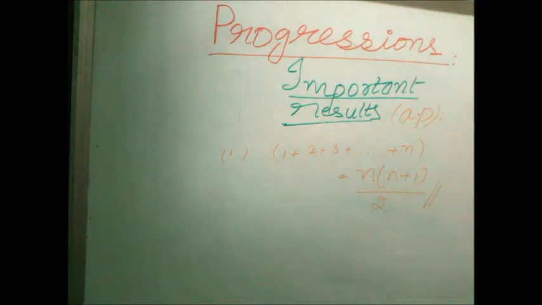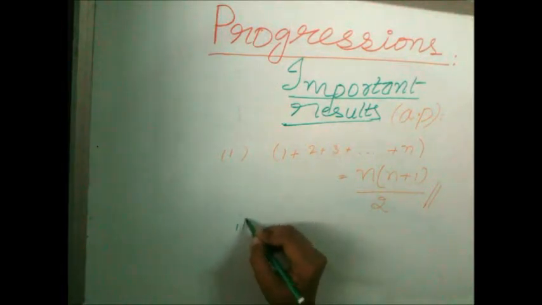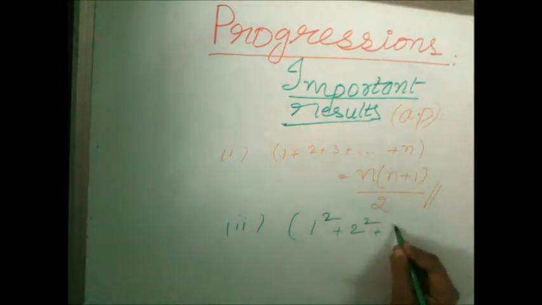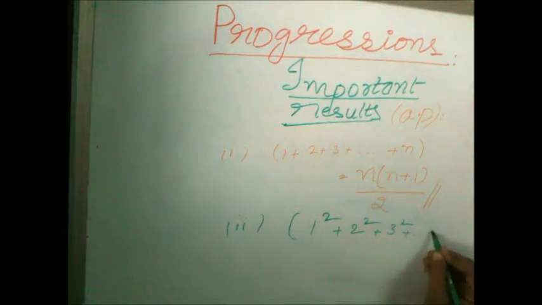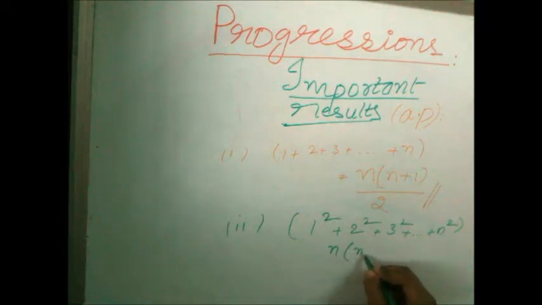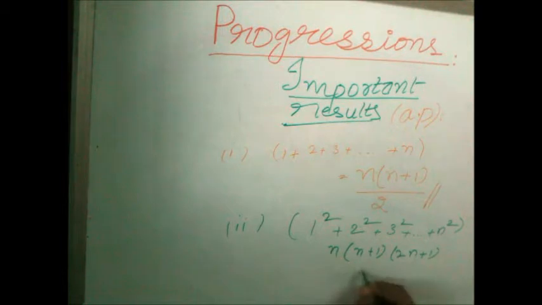We have very big proofs for this, and now we are not going to solve that because it takes lots of time. Then another equation, 1 square plus 2 square plus 3 square plus so on plus n square, is equal to n into n plus 1 into 2n plus 1 by 6.